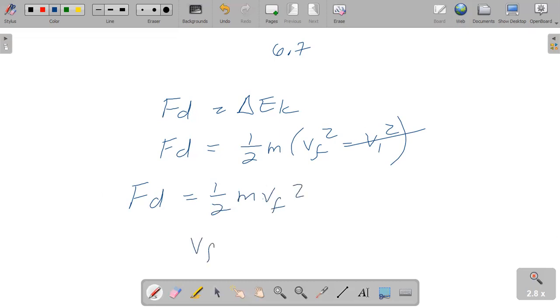So V final equals 2FD over M under the radical. Yeah, that's right. Okay, so then you fill in the blanks and you can solve for that. Oh, by the way, the force is 1.9 times 10 to the negative 9 newtons, and the distance is the length of that actin, 60 times 10 to the negative 6 meters, which is 60 micrometers. All right, that was 6.7.